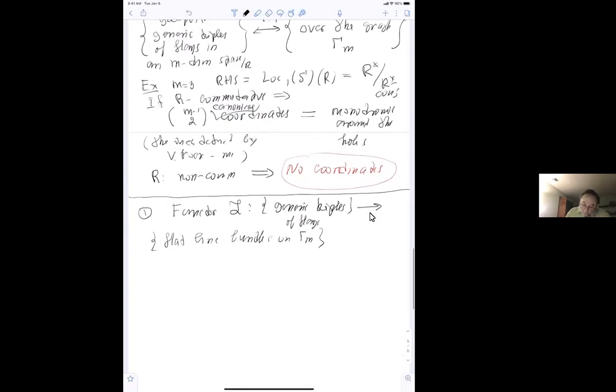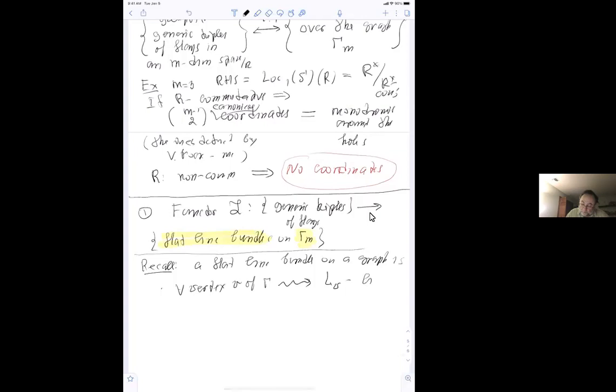Well, first of all, let me recall what a flat line bundle is. We're talking here about a flat line bundle on some graph. I recall that a flat line bundle on a graph is the following data. First of all, for any vertex V of gamma, you have to assign a certain line, called L_V.